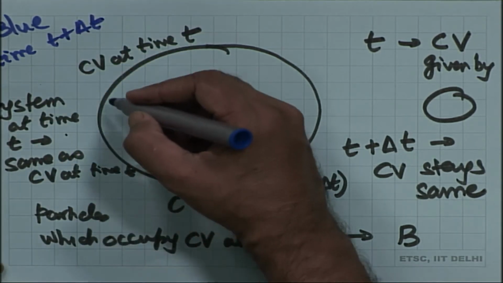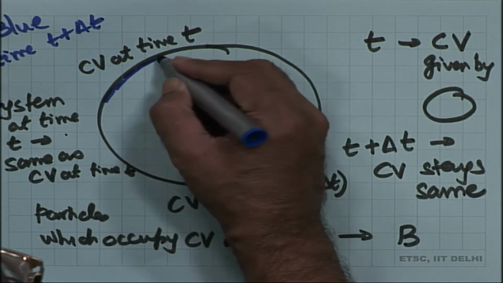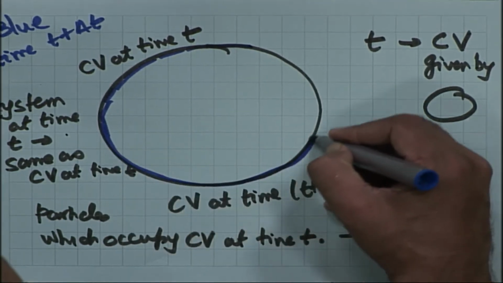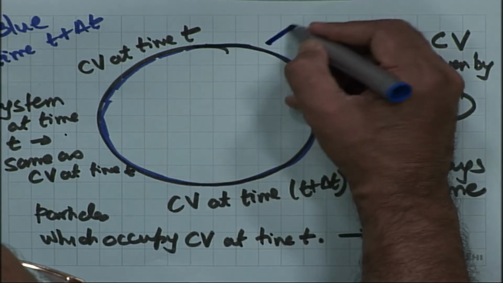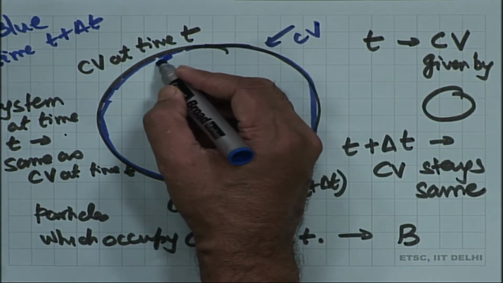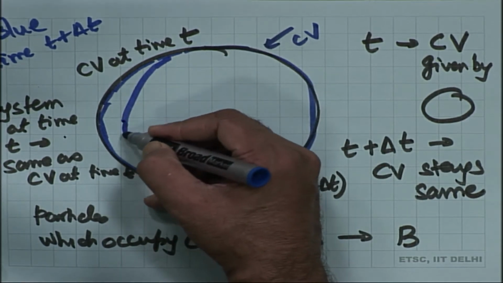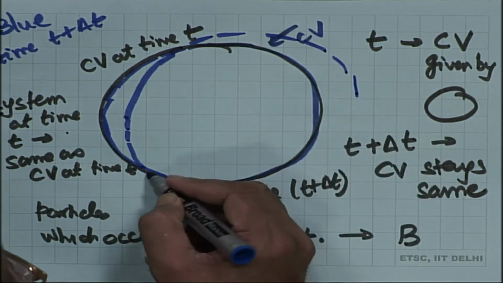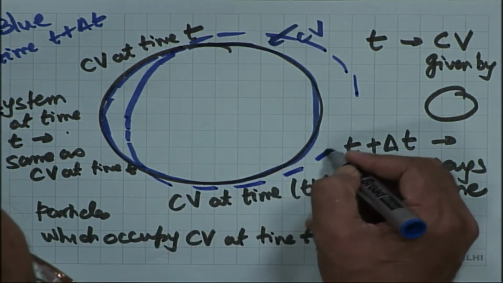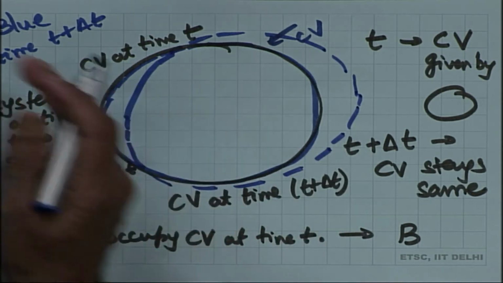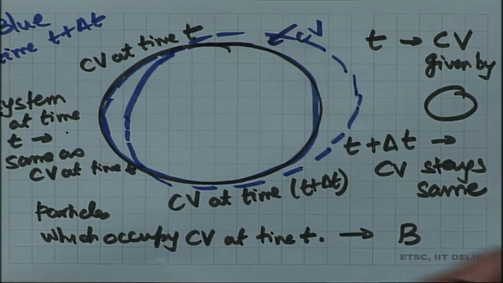So, first thing, as we have seen, if I draw this line, the control volume stays the same. Now, the particles which are there, some particles would, let us say they are moving in the front direction, the same thing would happen if it is reverse direction.